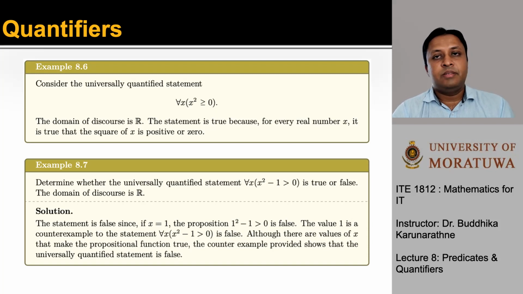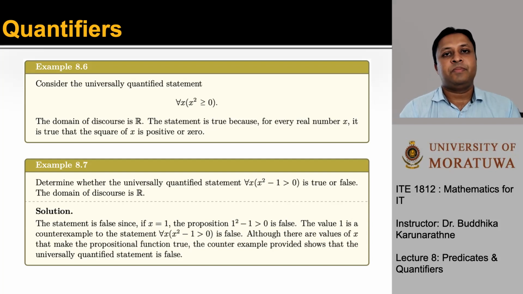Although there are values of x that make the propositional function true, the counterexample shows that the universally quantified statement is false, because there is at least one value of x for which the proposition becomes false.